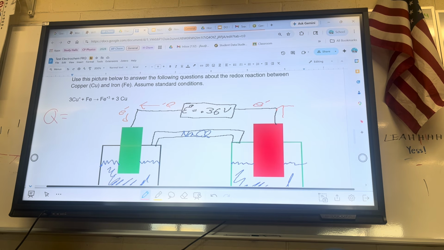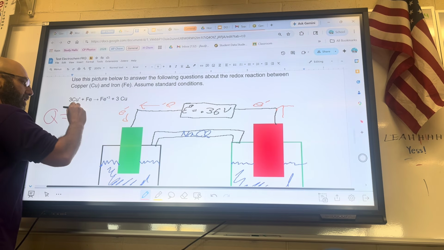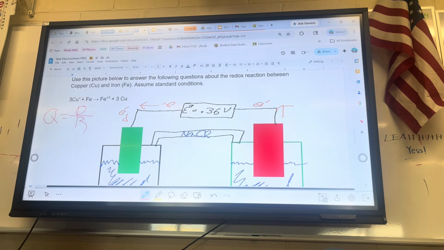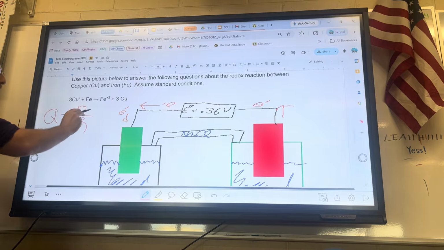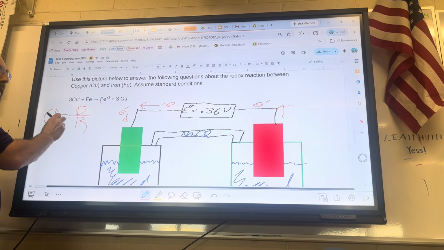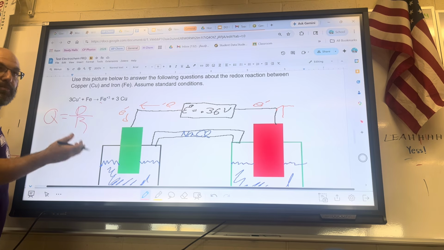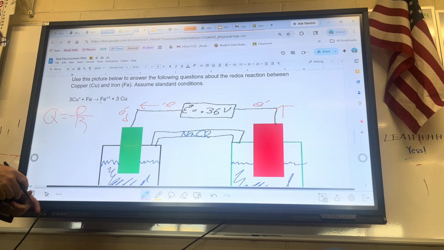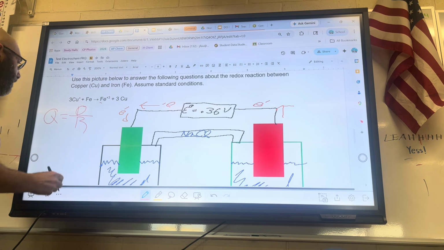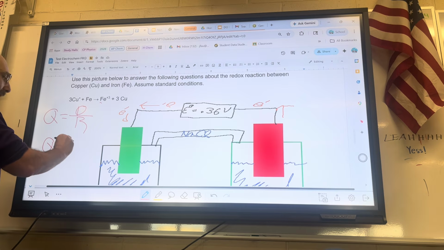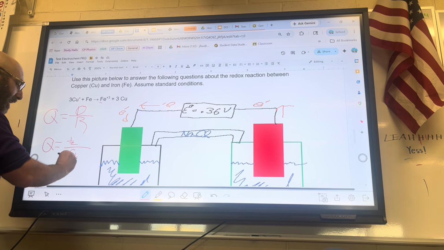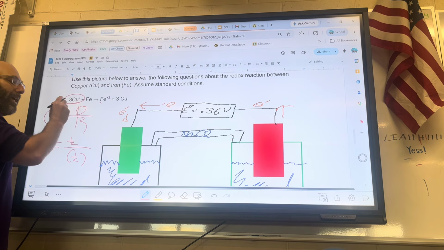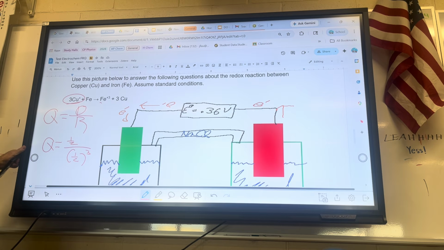Normally we would say it's what was oxidized over what was reduced, but in this case, it's not 1-to-1. So if I make both of these smaller, I'm adding 100 mL. Let's say that makes the solution diluted by half. So Q is now a half over a half, but this one has to be raised to the third.